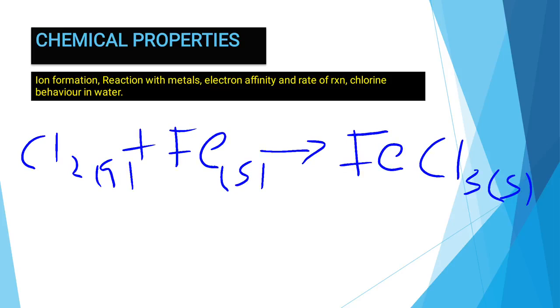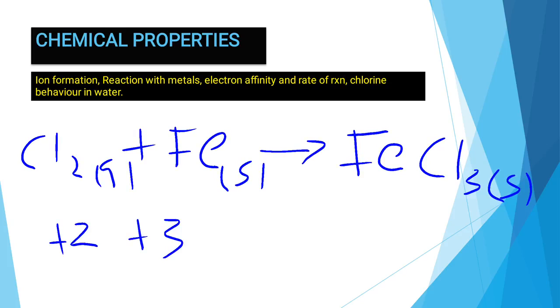Remember that iron is a transition element. Therefore, it has variable oxidation states. It can have an oxidation of 2 or an oxidation of 3. Let me write them better. An oxidation of 2 or an oxidation of 3.